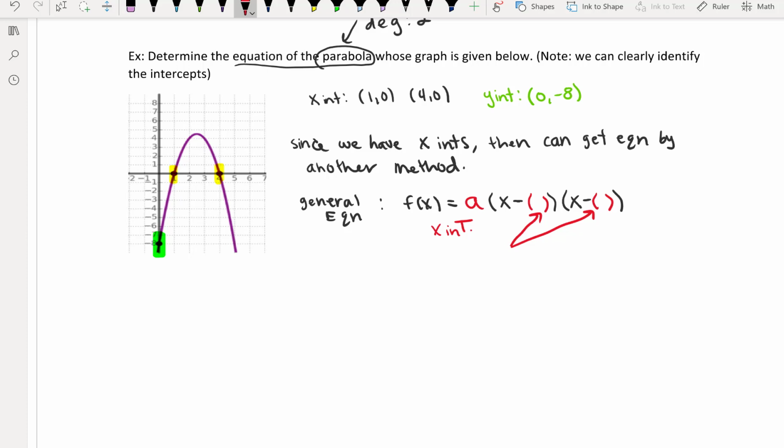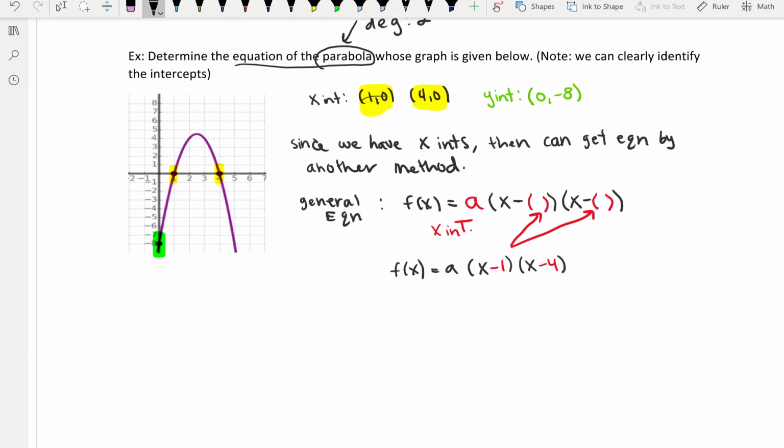Okay, let's do this. I have f of x is equal to a, and that first x-intercept is (1, 0). So that x-intercept I'm plugging in is a 1 value, so I have x minus 1. For that second x-intercept, we have 4, so we have x minus 4.